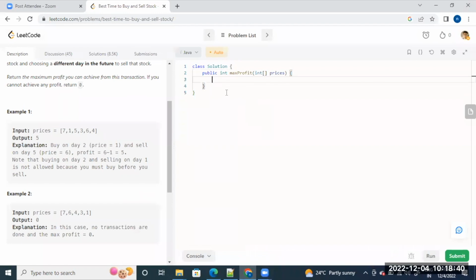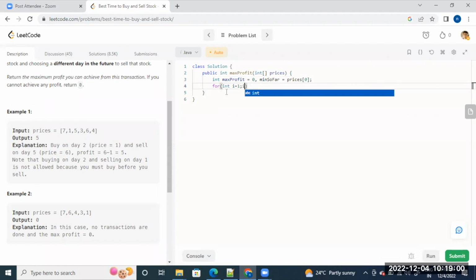All right. So here, simple, right? Max profit is equal to 0 and min so far is equal to prices of 0. Let's take the initial value. Now we are going to iterate from the first value, i equals 1, i less than prices.length, i plus plus. We are keeping track of 2 variables.